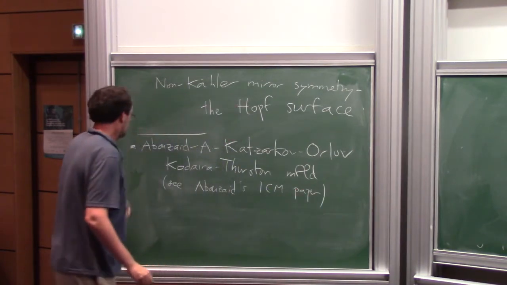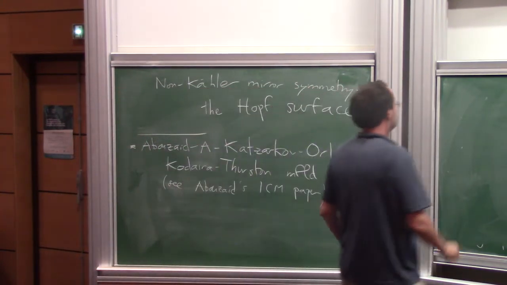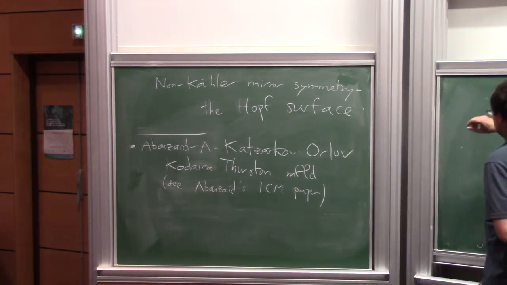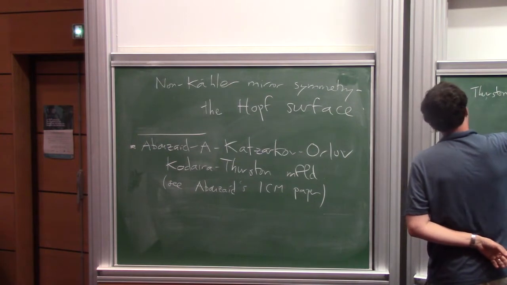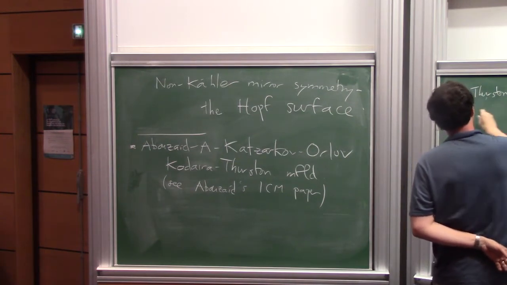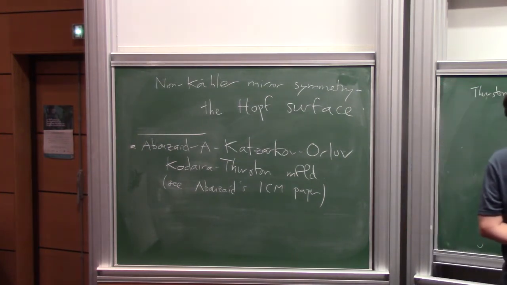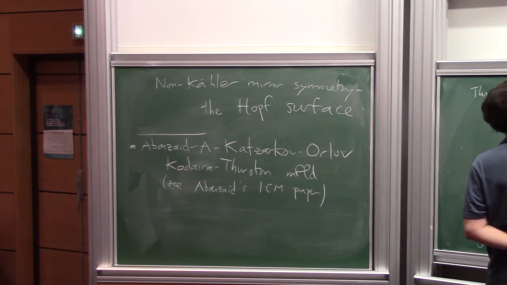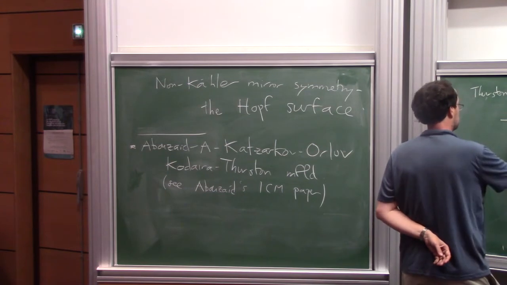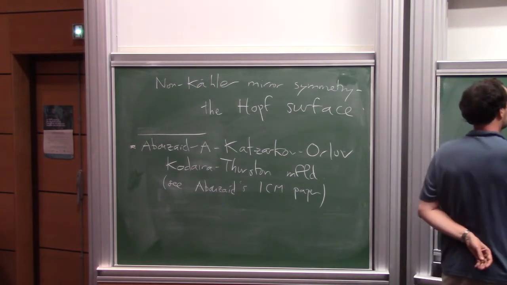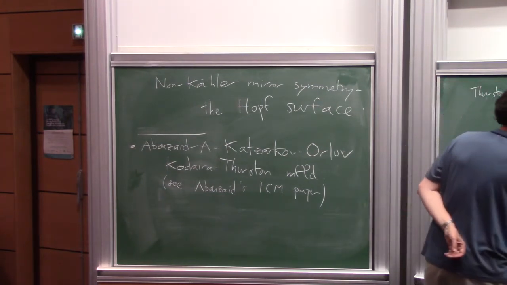Just to tell you a little bit what was going on there. The first-order manifold is a symplectic manifold, which is in fact a symplectic fibration by tori over the two-torus.